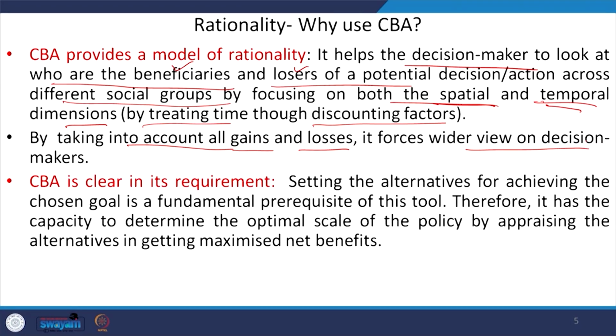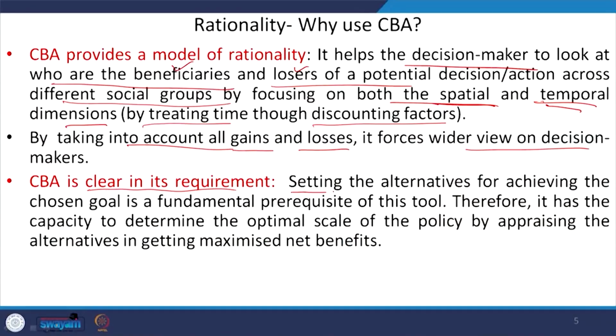And the second aspect of why this tool is used, or why CBA is one of the popular and scientific tools of appraisal, is that it fulfils a clear requirement. What is the clear requirement? In cost benefit analysis, not only the current project or policy is considered, but also the likely alternatives to this policy or project.